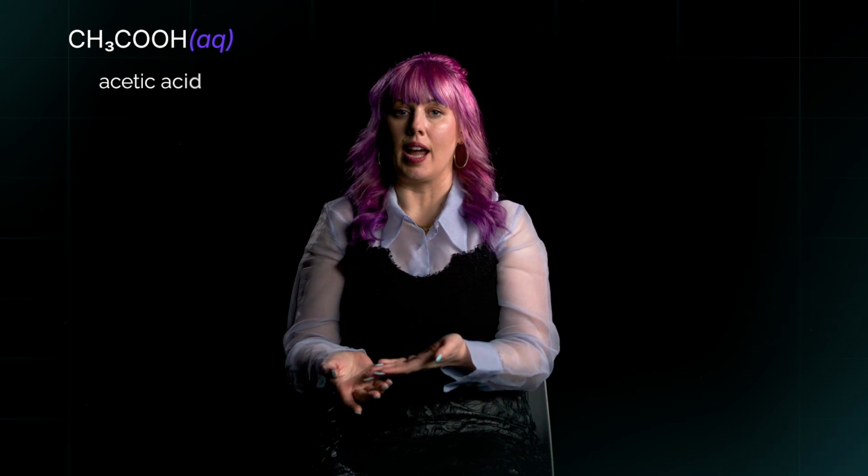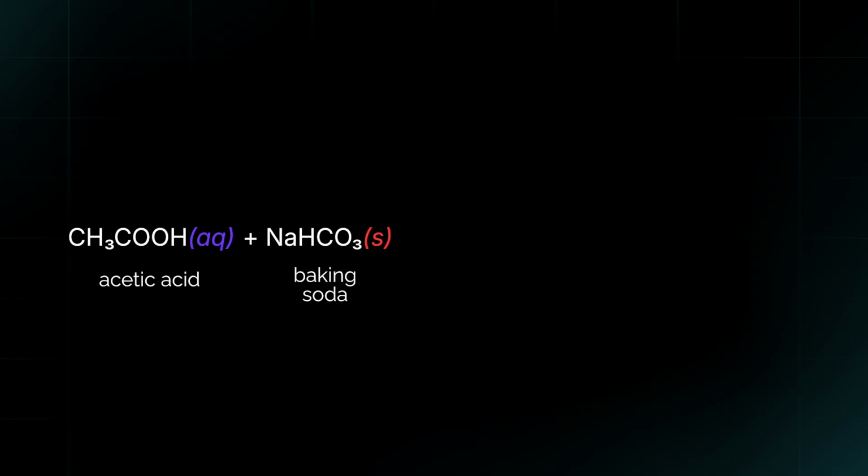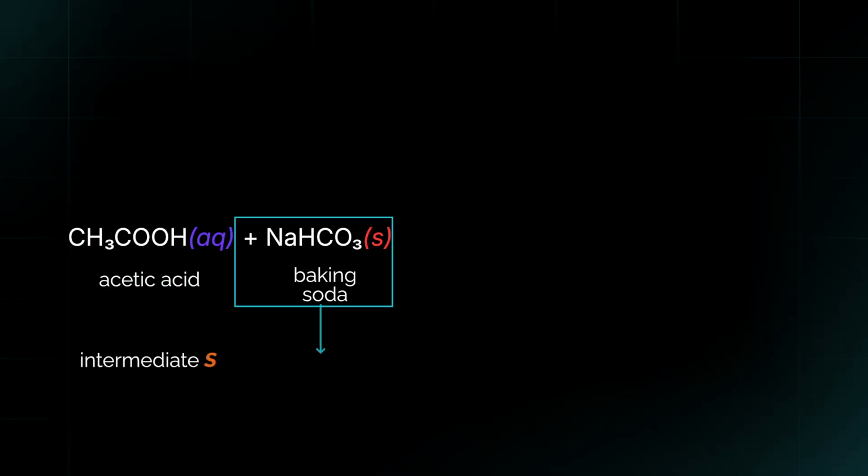So far, we have been talking about phase transitions, which are physical transformations. We can apply similar reasoning to chemical transformations. Let's look at the reaction that occurs between vinegar, aqueous acetic acid, and baking soda, sodium bicarbonate. We have an aqueous solution, which has intermediate entropy, and a solid, which has a pretty constrained and low entropy.